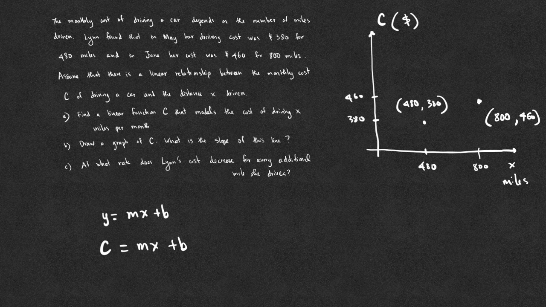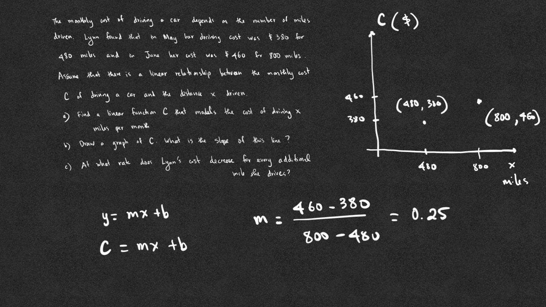To find the slope m, we need to find the change in y over the change in x. And so the slope m is y2 minus y1 over x2 minus x1. If we work this out, we will get 0.25 exactly.